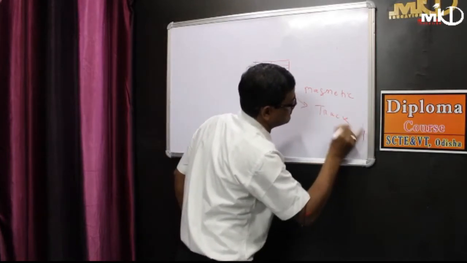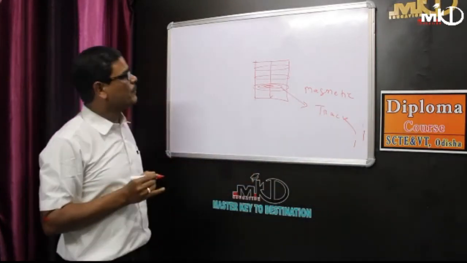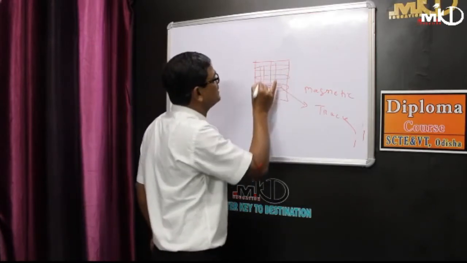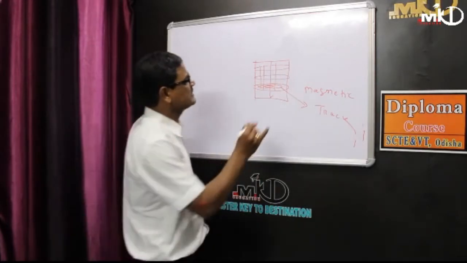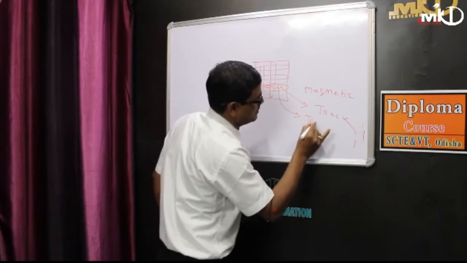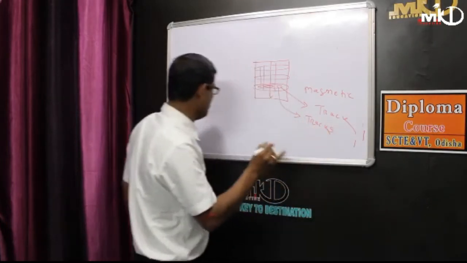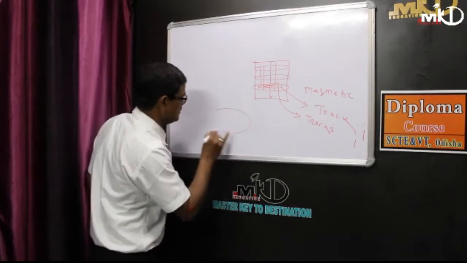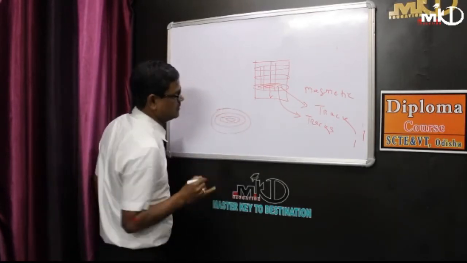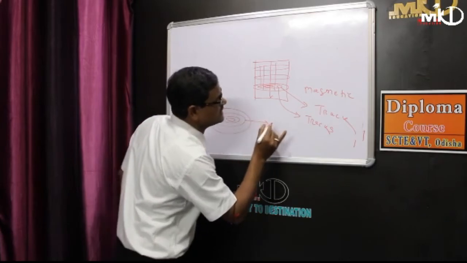Further, we can define these individual circles as the number of tracks.